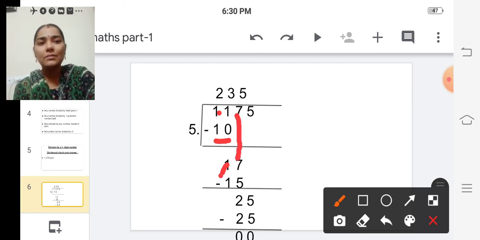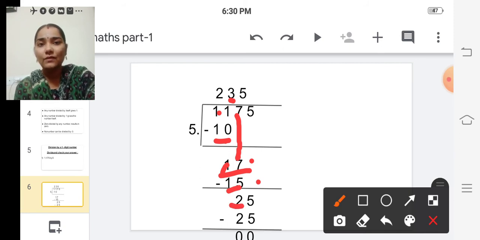So the number becomes 17, and 5 threes are 15. So we have to write the 3 in the quotient and 15 here, and we are going to subtract this 15 from 17, and we will get the answer 2.